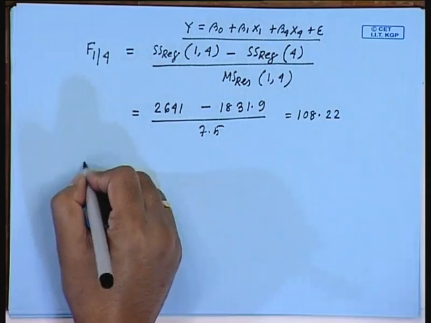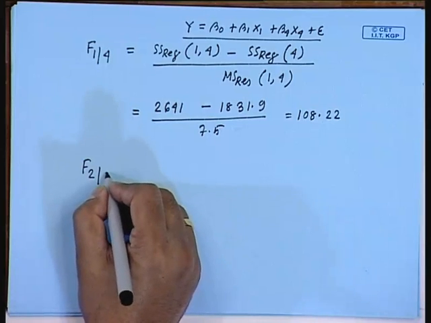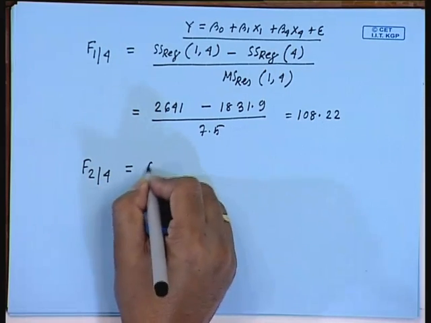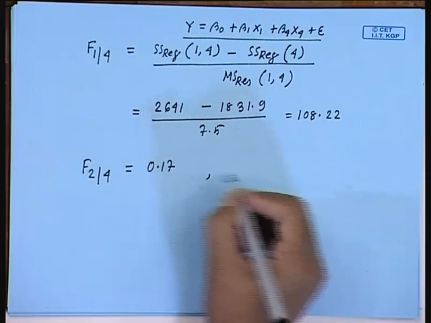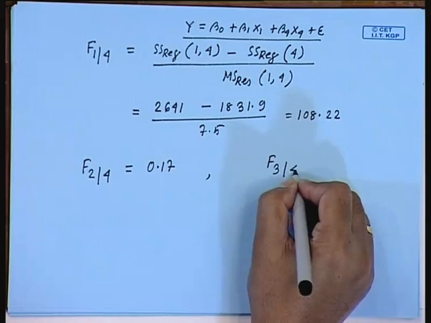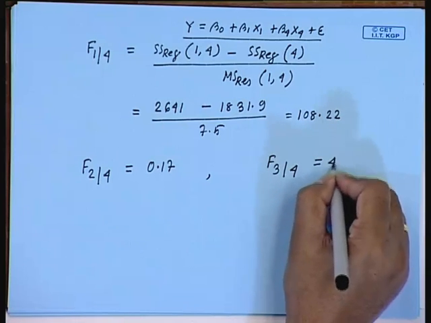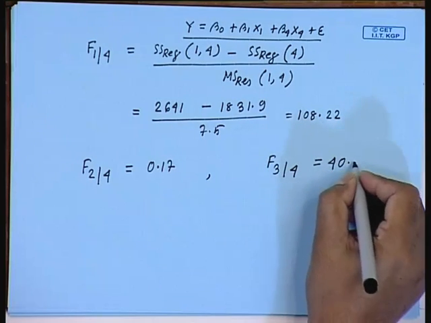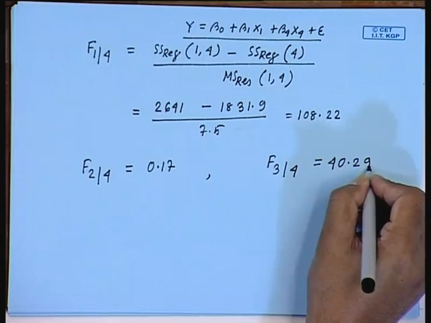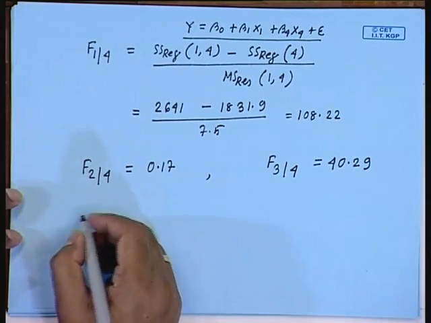And similarly, you can check that F2 in the presence of x4 in the model is equal to 0.17, and F3 in the presence of x4 in the model is equal to 40.29.